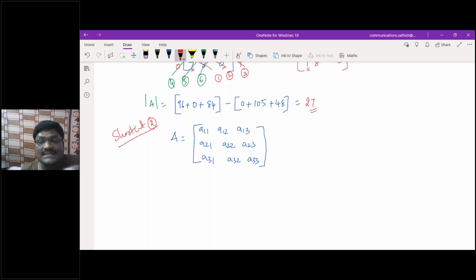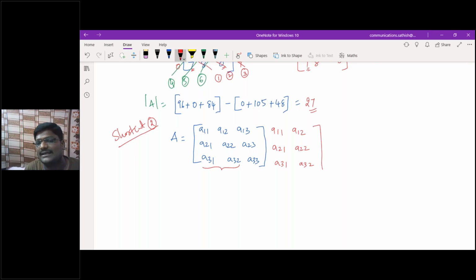If you use your common sense properly, see what I'm doing is, this is the third order matrix. The first two columns, I'm taking in a replica. This is A11 and A12. Similarly, A21 and A22. The next one, A31 and A32.